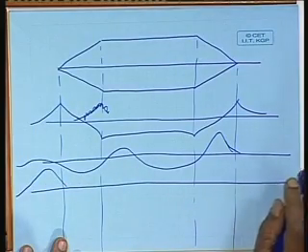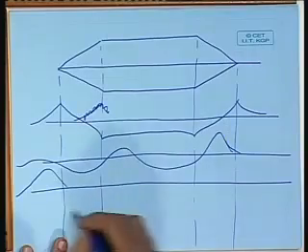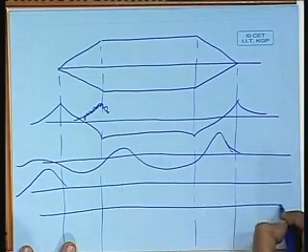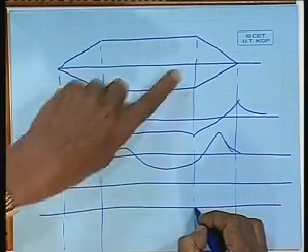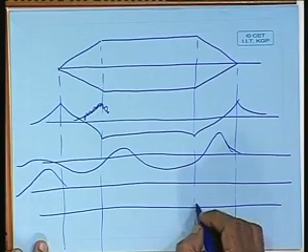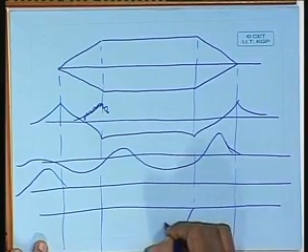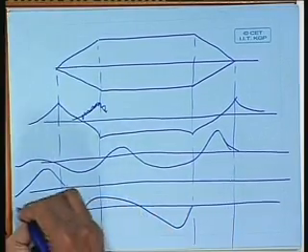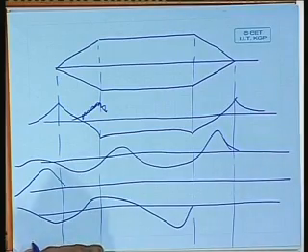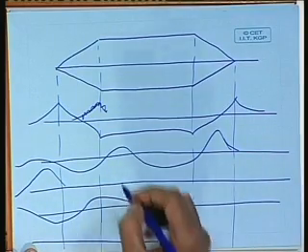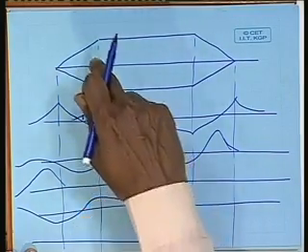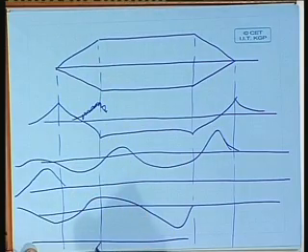Am I clear? And due to the forward shoulder, we will have a third wave system. As we have seen, this will generate a trough. So, you will have a wave system which may look something like this, and finally, due to the aft shoulder, you will have another wave system.